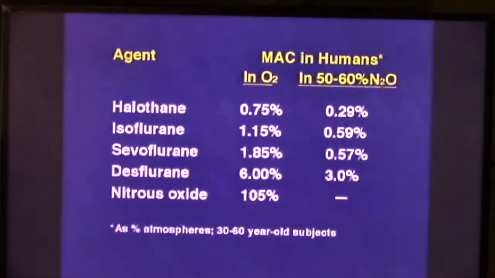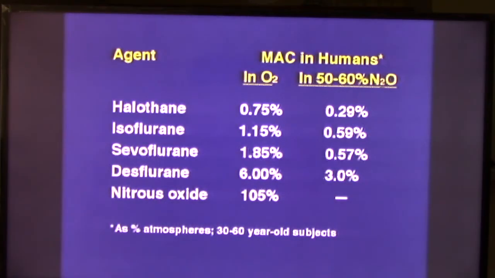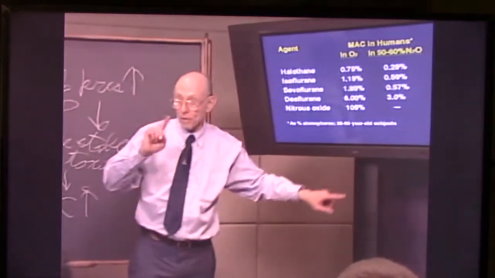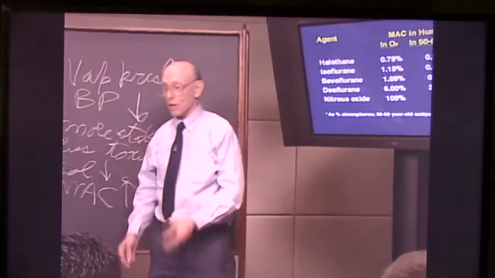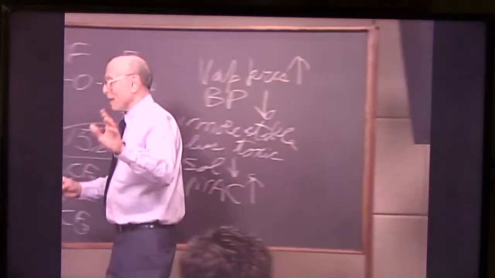Can you give 105%? Well, you can. Of what, though? Hyperbaric chamber. In a hyperbaric chamber. So it's 105% of 1 atmosphere. Now, clearly, you can't give 105% of nitrous oxide unless you're willing to go down to Death Valley. Well, never mind.